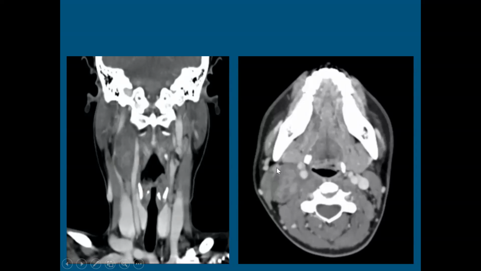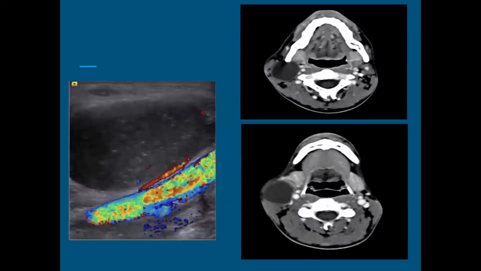Laterally is the jugular vein, and these are the carotid arteries medially. So this is a case of vagal Schwannoma. So that was about the carotid sheath tumors and how they have different relations with the vessels.